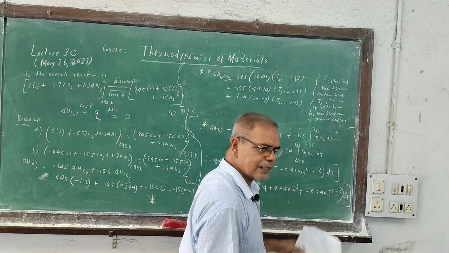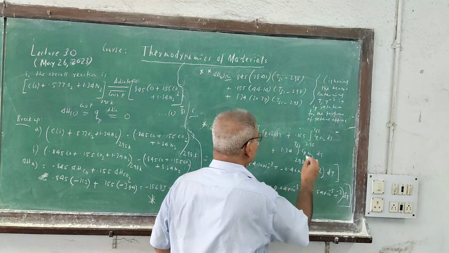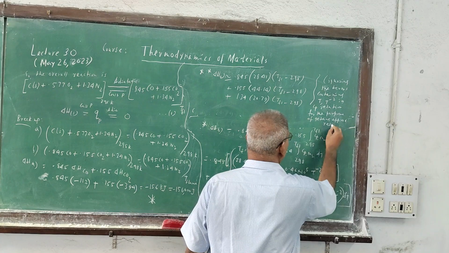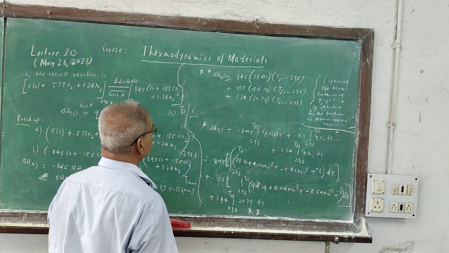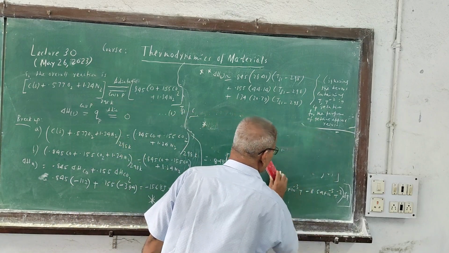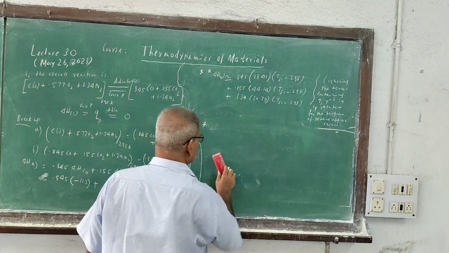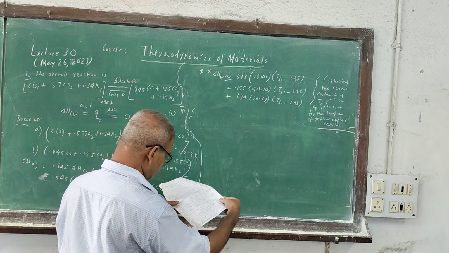To be meticulous and rigorous, you do the full integration yourself. You will check that we are getting an approximate result. Don't worry, this part I am giving you. So what is this? Delta HB. I remove all these unnecessary things. I give you these values.